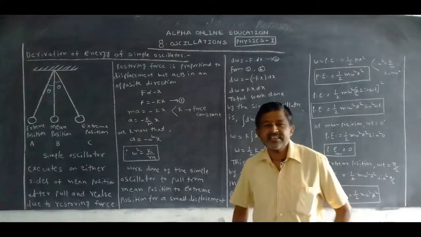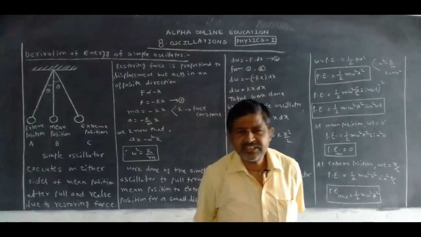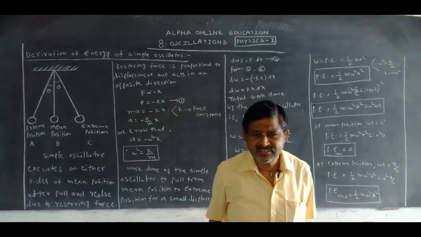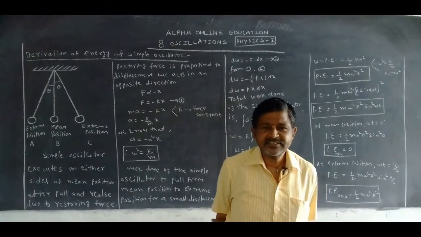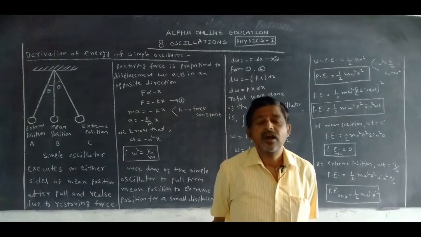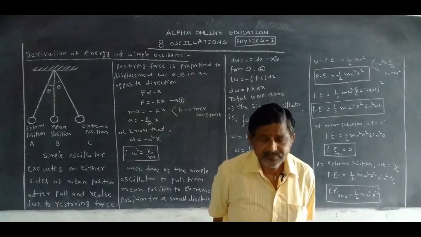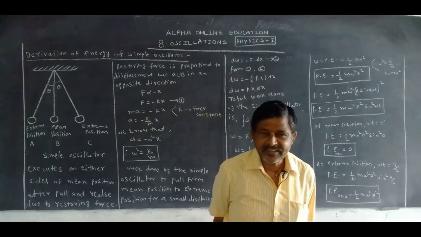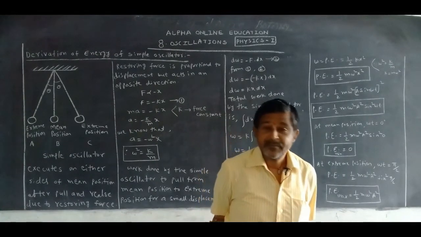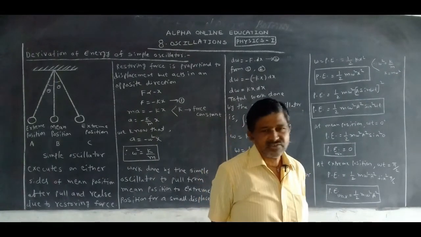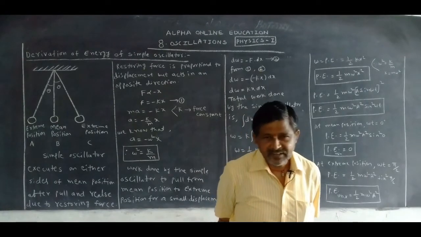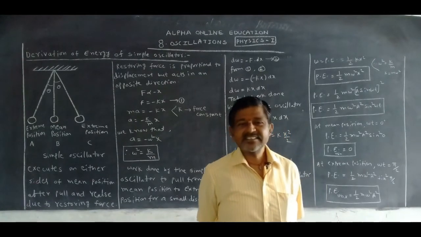Now what is the equation for the potential energy of the simple oscillator? The potential energy of the simple oscillator is half m omega square x square. m is the mass, omega is the angular velocity. What is x? Displacement.